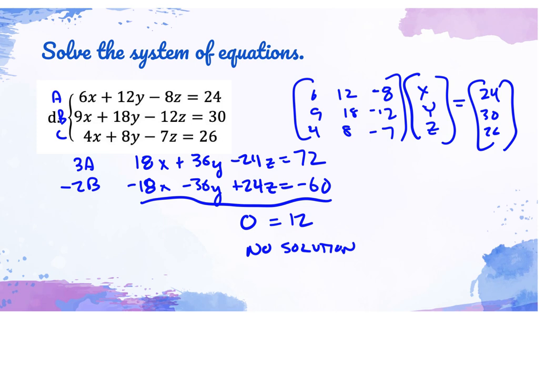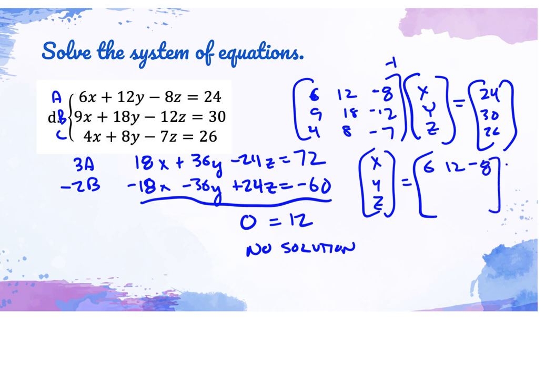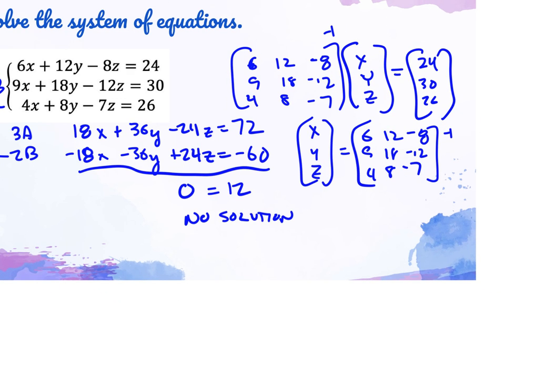Then when you do the inverse of this, you end up saying x, y, z equals the inverse of 6, 12, negative 8, 9, 18, negative 12, 4, 8, negative 7, multiplied by 24, 30, 36. Now, if you put this in a calculator, you're going to get an error, because the error is going to tell you it's no solution. But come show me your calculator and I'll teach you how to do it.